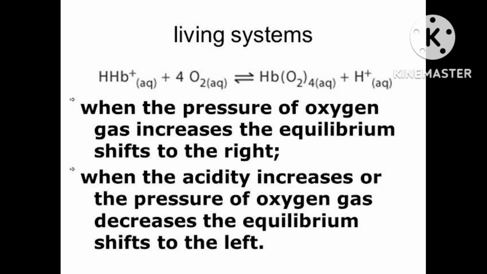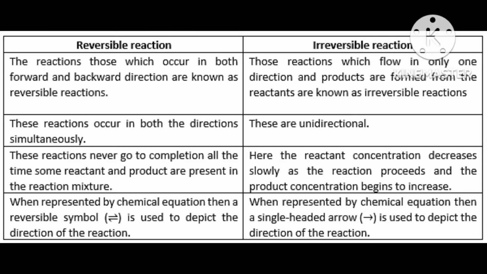Then P is what you want to calculate, the volume given is 1 liter, and n you have already calculated: 13.8 divided by 92, which is 0.15. So P into 1 liter equals 0.15 times R, which is 0.083, and T is given as 400 Kelvin.